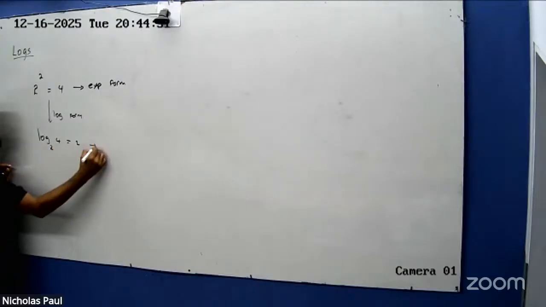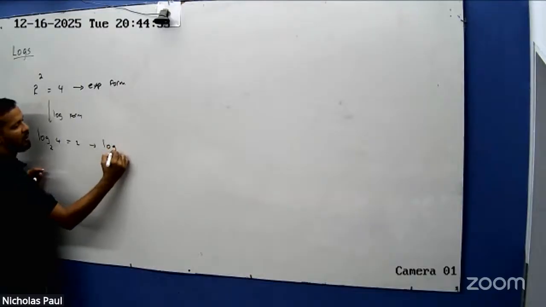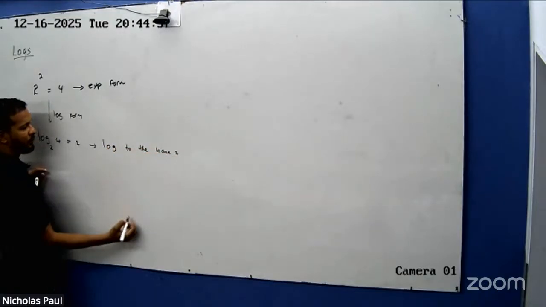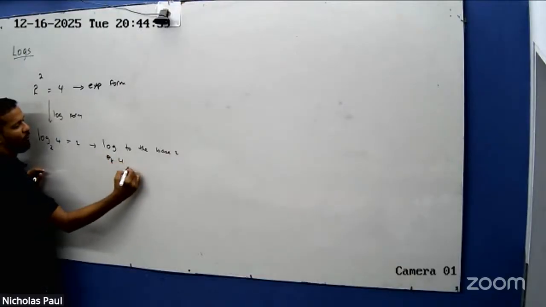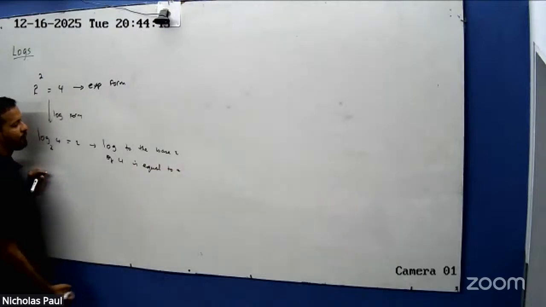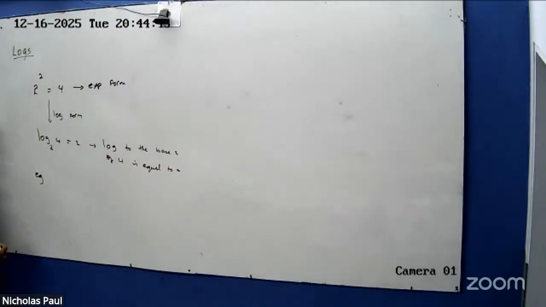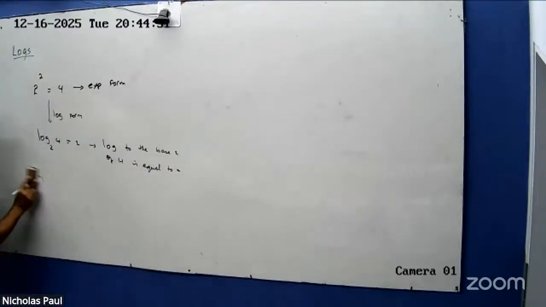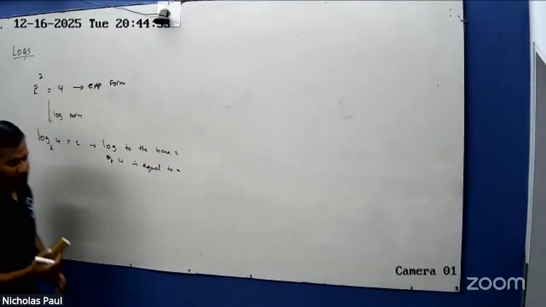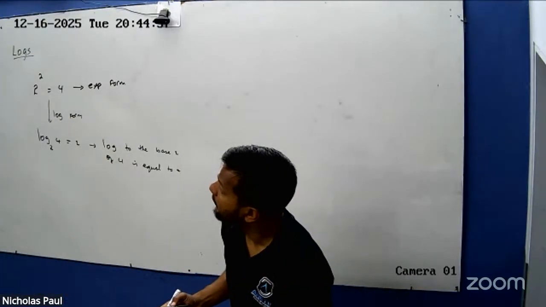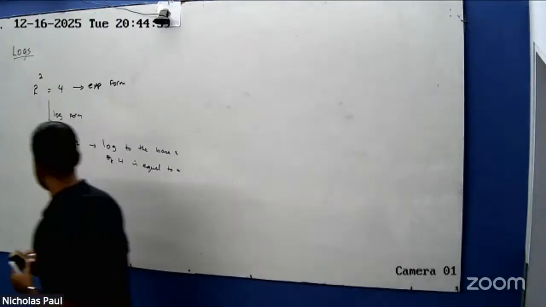So in words, you write log to the base 2 of 4 is equal to 2. That's the way you convert from exponential to log.